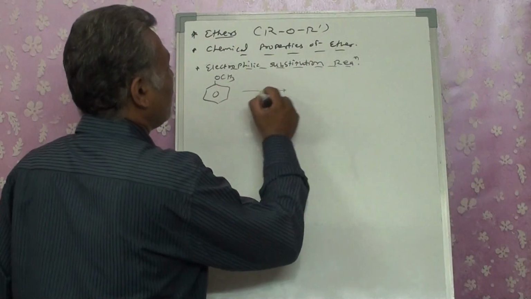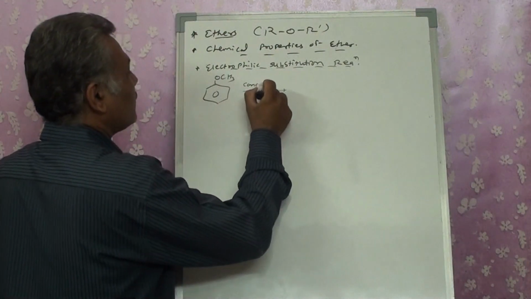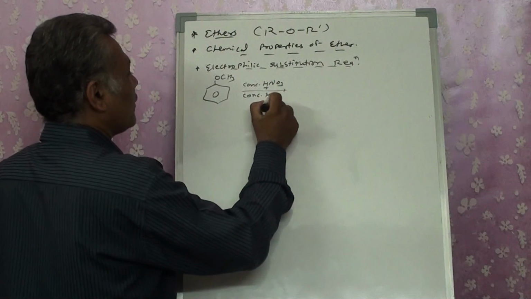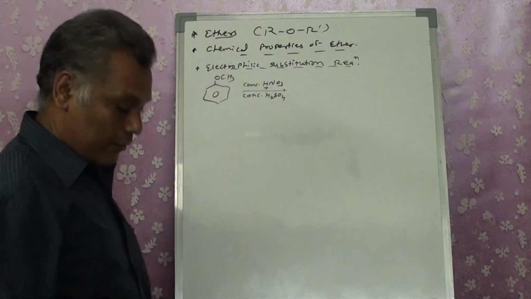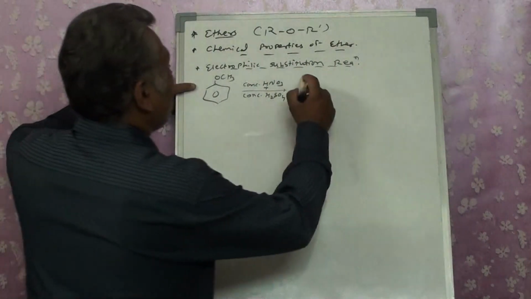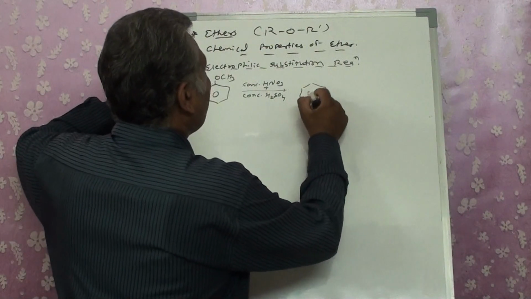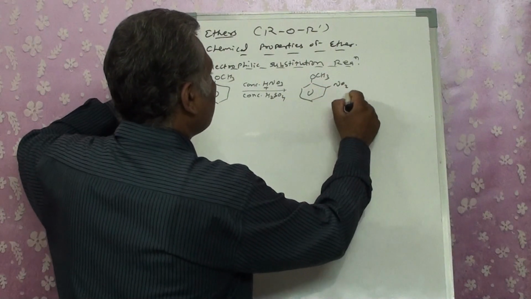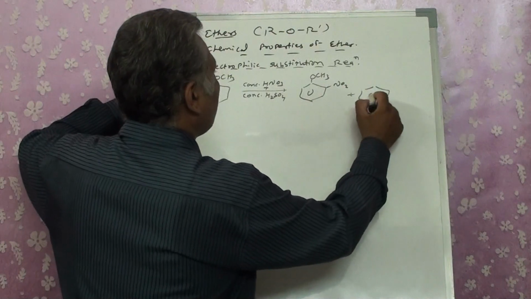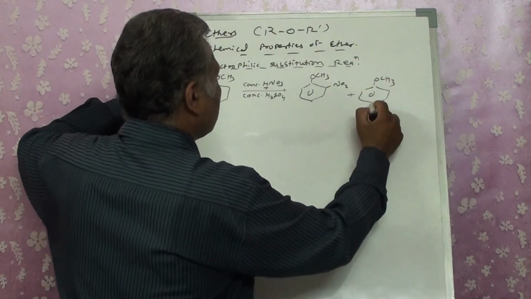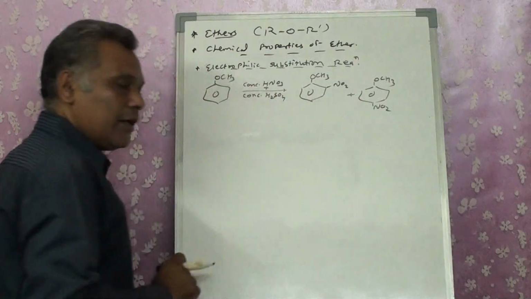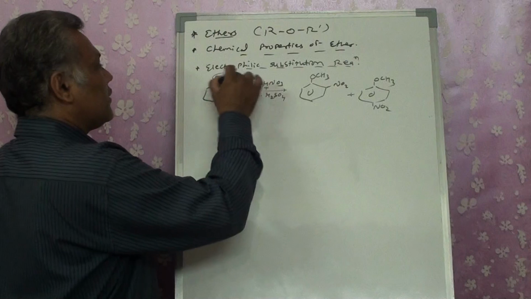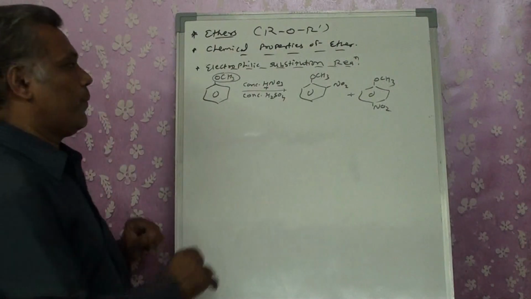First of all we will go for nitration. For nitration we use concentrated HNO3 plus concentrated H2SO4. OCH3 is an ortho para directing group, so we get the ortho plus para product.